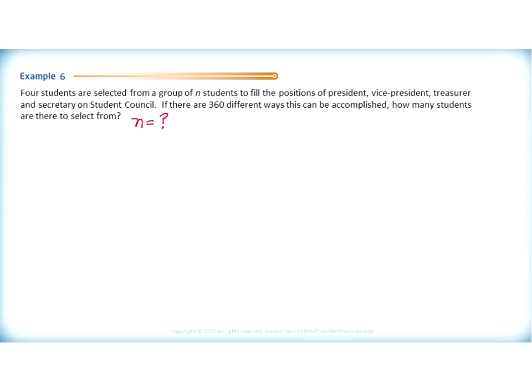So let's look at some key pieces of information. We are told that 4 students are selected from a group of n students, and we are filling the positions of president, vice president, treasurer, and secretary. Because in this case, you can see that order matters, this is an example of a permutation in which we have n students from which we have to permute 4.